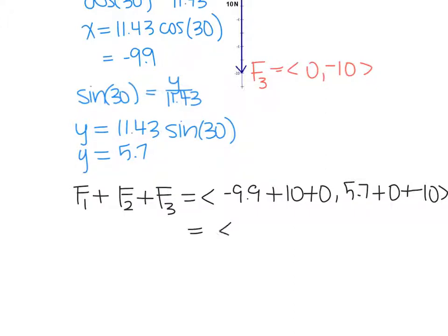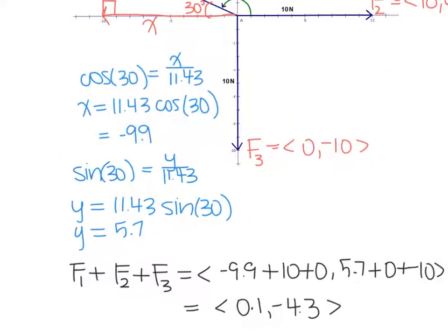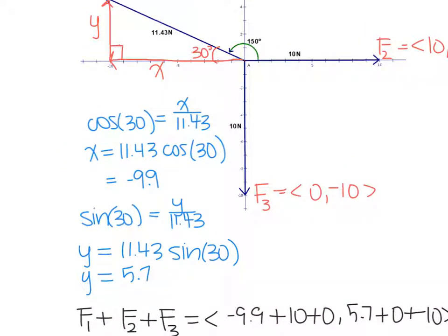And we end up with the vector <0.1, -4.3> as our resultant vector. So I'm going to go ahead and draw this so we get an idea of what that vector looks like. So 0.1, it's not very far, negative 4.3. So we're going to start at the origin, and our vector is going to look a bit like that.